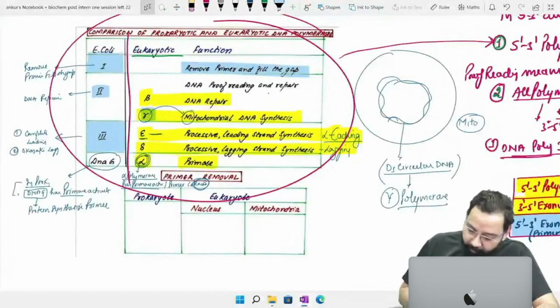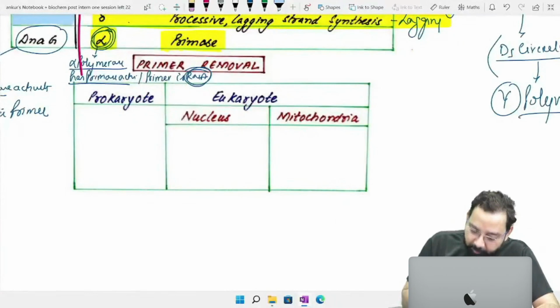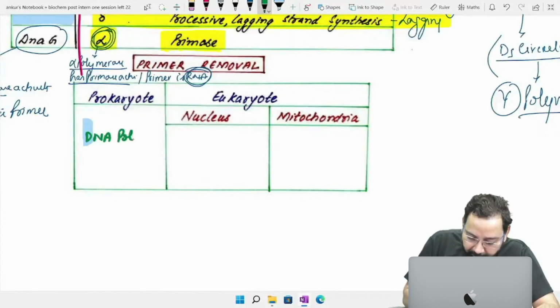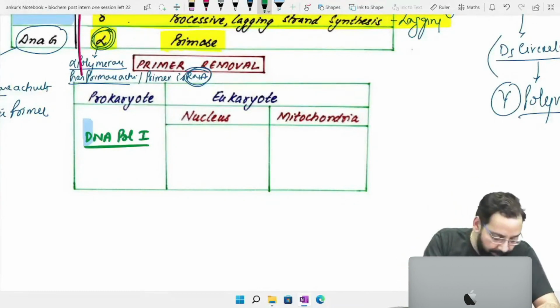Now primer removal. In prokaryotes, DNA polymerase 1 removes primer and fills the gap, you all know.